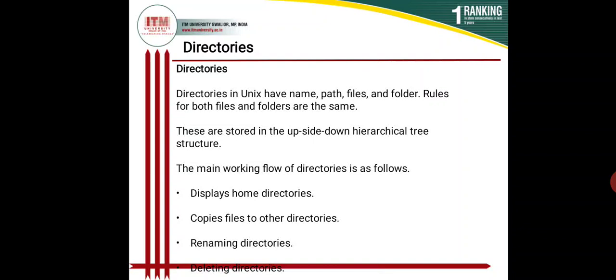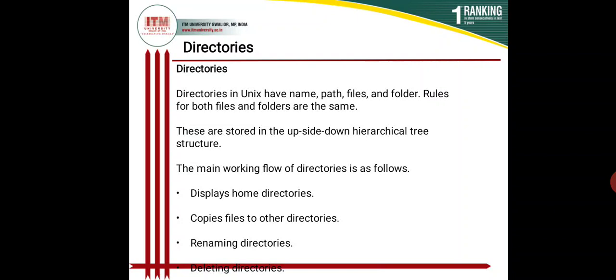In the Unix operating system, the files can be organized into the tree structure, and the directories have some path name. These path names consist of the file names that are separated by a slash.